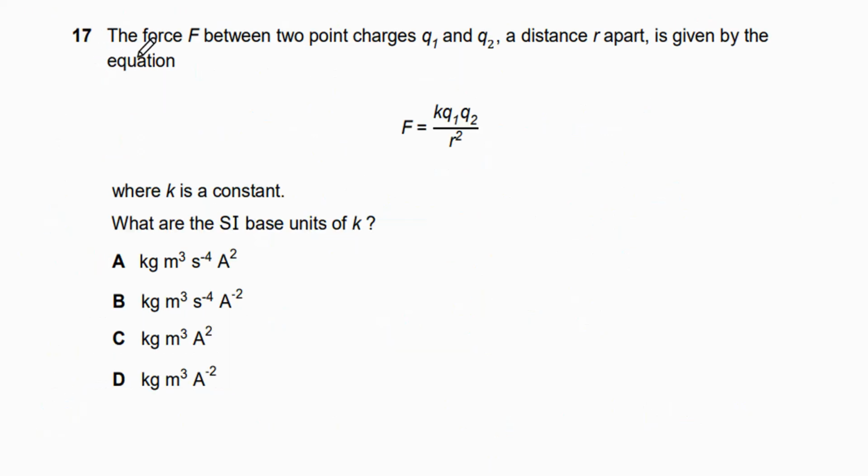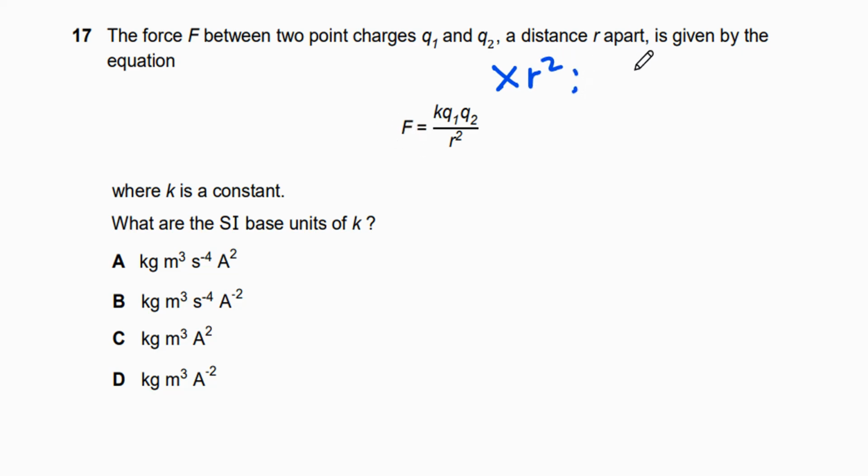In question 17, it says the force F between 2 point charges, Q1 and Q2, a distance r apart, is given by this equation. So F equals K Q1 Q2 over r squared, where K is a constant. What are the SI base units of K? So we want to make K the subject of the formula here, and we can start by multiplying both sides of this equation by r squared.